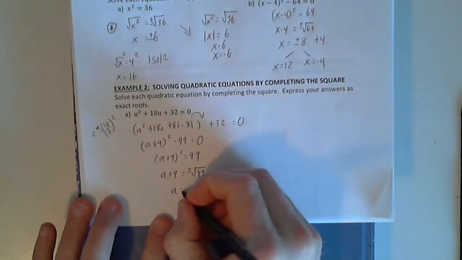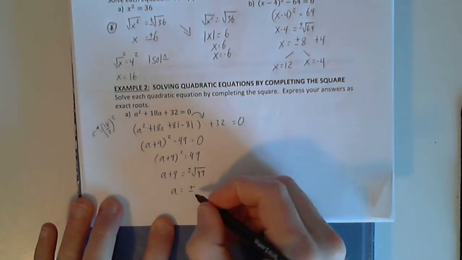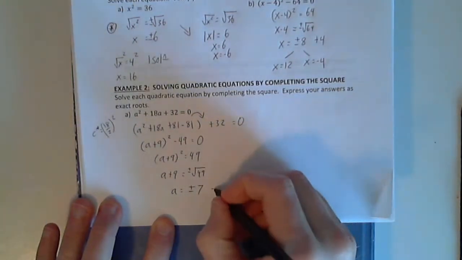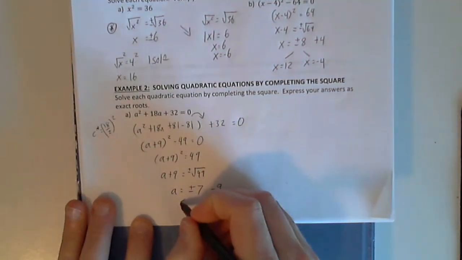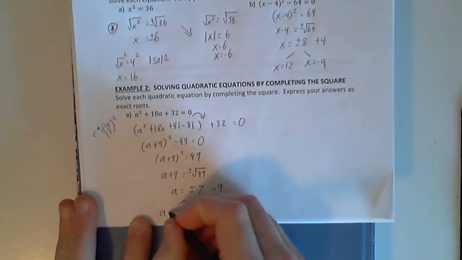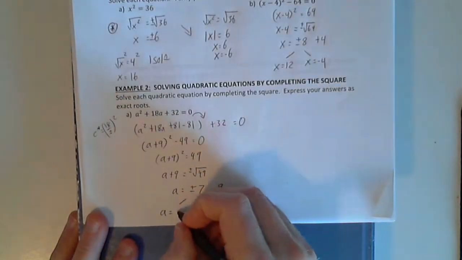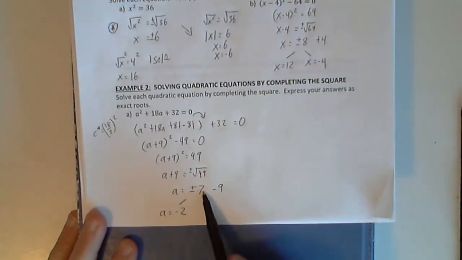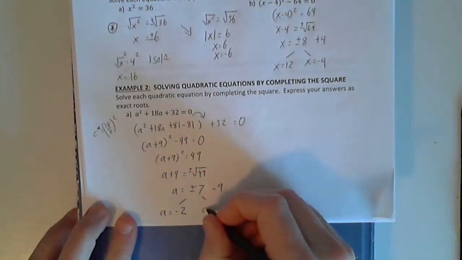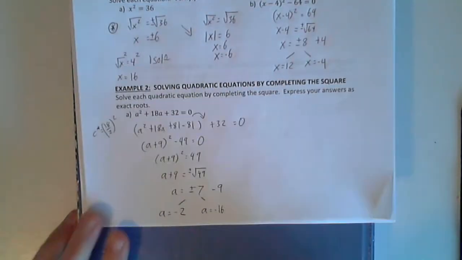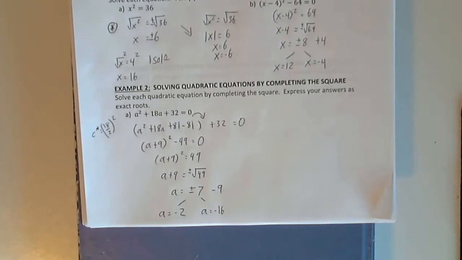So a is equal to plus and minus 7 minus 9, which means we have two different solutions. A is equal to positive 7 take away 9, which is negative 2. And negative 7 take away 9, which is negative 16. Good. That's it for this one. So don't forget how to complete the square. We're still going to use it from time to time. Last, a couple more questions.